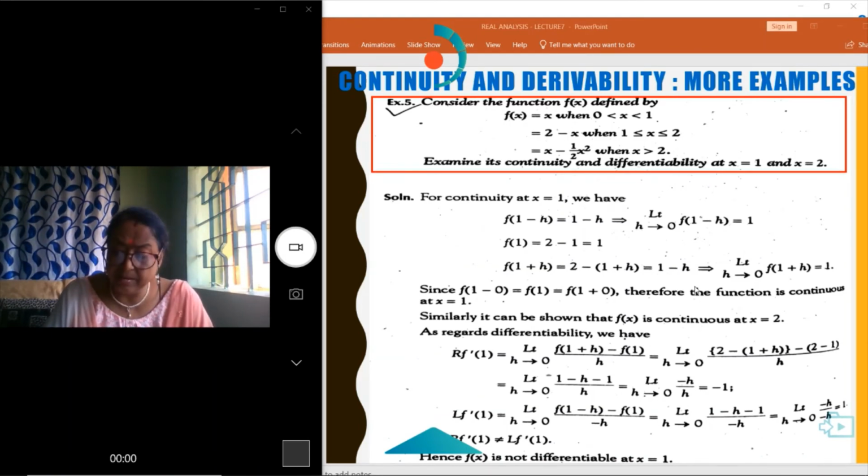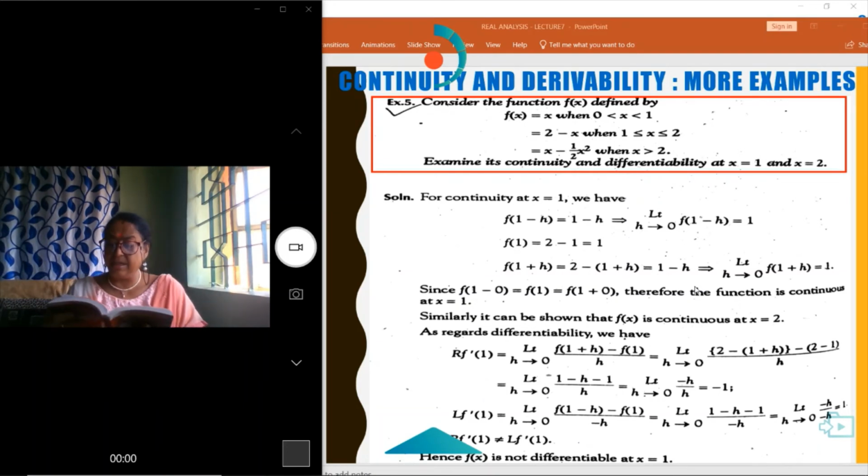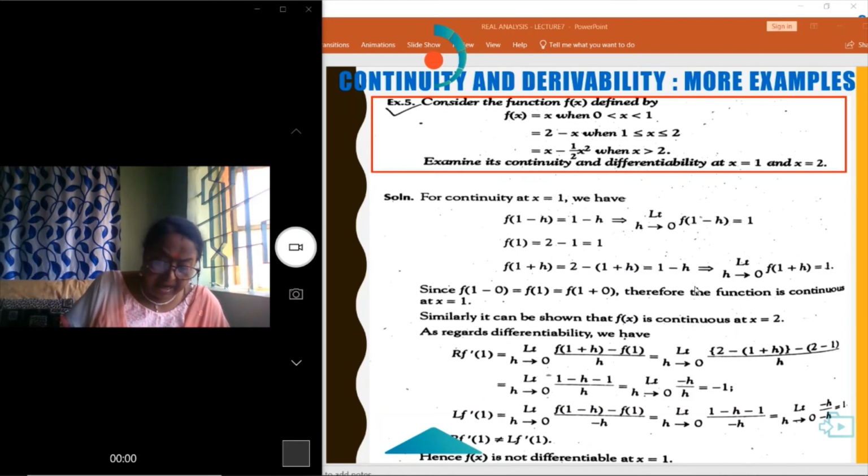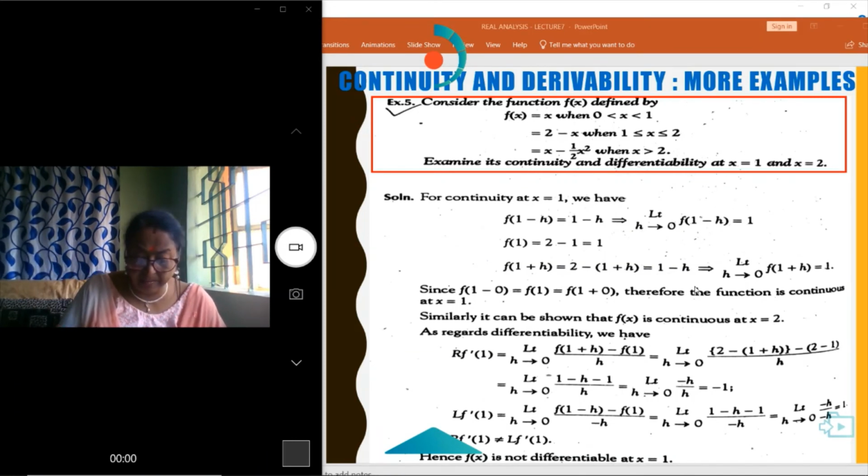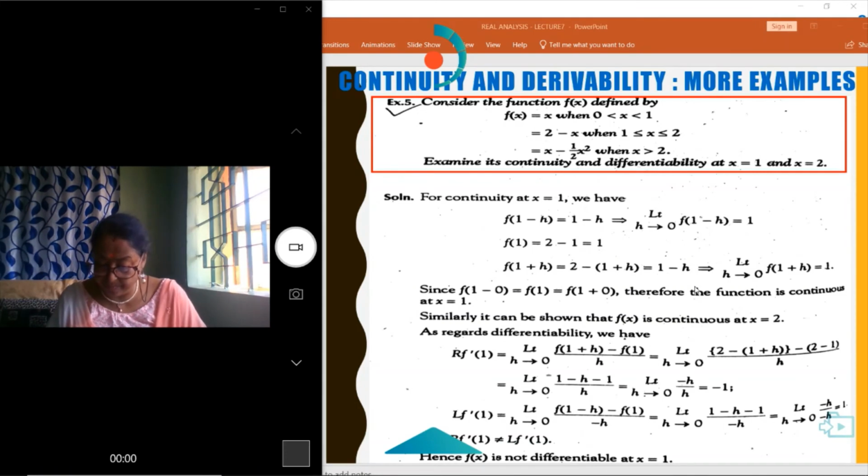Hence we can find that when x is equal to 1, the function is continuous at the point x equal to 1. Similarly, we can show that f(x) is continuous at the point x equal to 2.